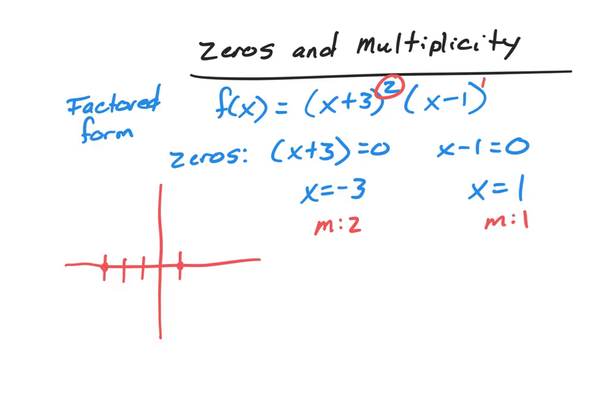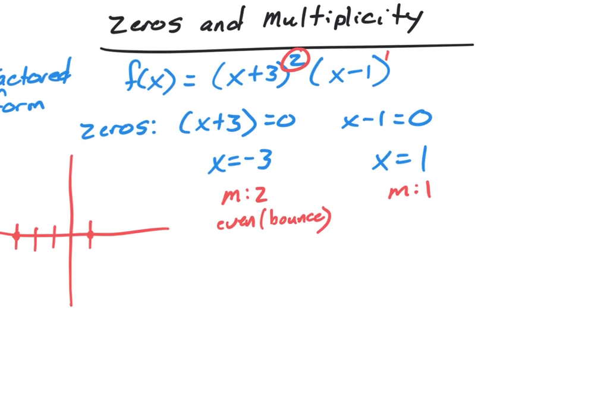It has a multiplicity of 2, and what happens when I have a multiplicity of 2, if your multiplicity is even, then your graph is going to, I call it bounce. It's not really a mathematical term, but that's the way I envision it. It's going to come up, hit at negative 3, and bounce right off that x-axis. It's not going to go through the x-axis.